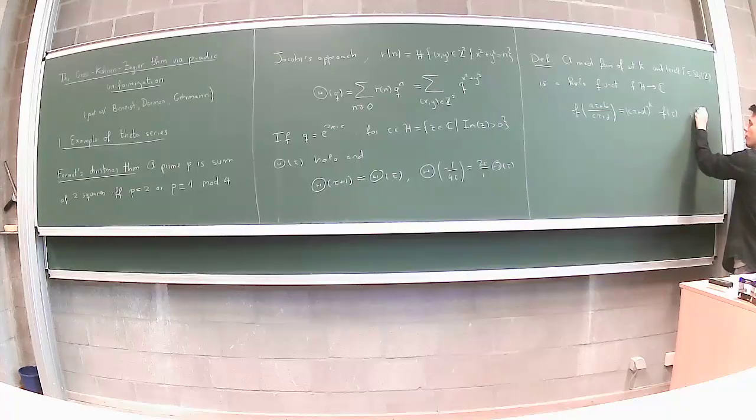And this has to happen for every matrix (a, b; c, d) in this level gamma.